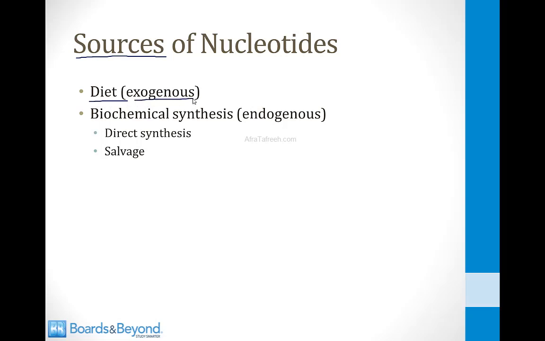But then there are also a couple of ways by which the body can synthesize them. These are called endogenous nucleotides. So there are direct synthesis pathways by which the body can assemble nucleotides from building blocks like amino acids and sugar molecules. And then there are also salvage pathways so that when DNA breaks down, the body can salvage the bases and turn it back into nucleotides that it can use for various purposes.